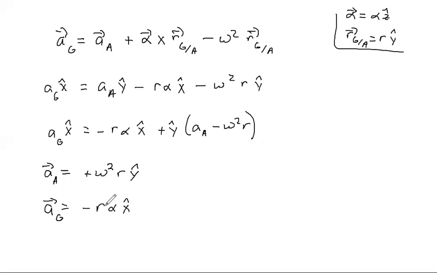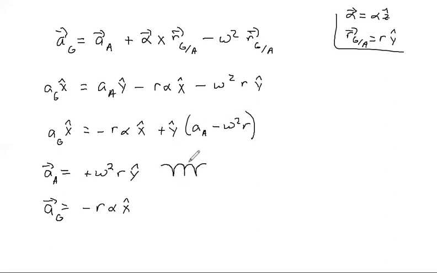So notice what I said. If alpha is positive, then the acceleration is negative, and vice versa. If alpha is negative, the acceleration of the center of the wheel is positive. This acceleration always points up from the ground, and it really has to do with the path dependence of a point on the wheel, such that it's only moving in the y direction when it touches the ground.